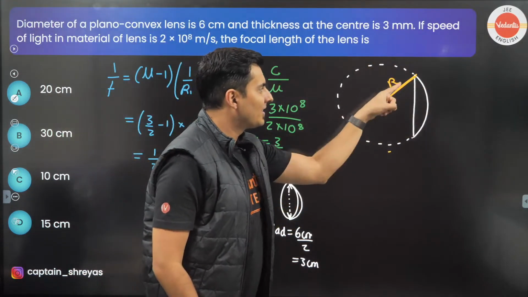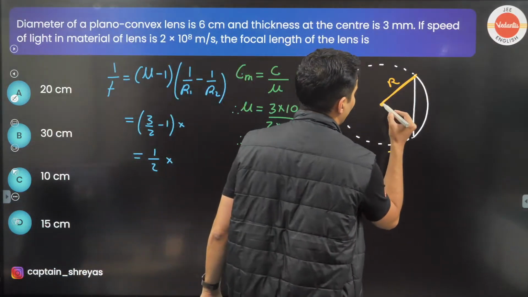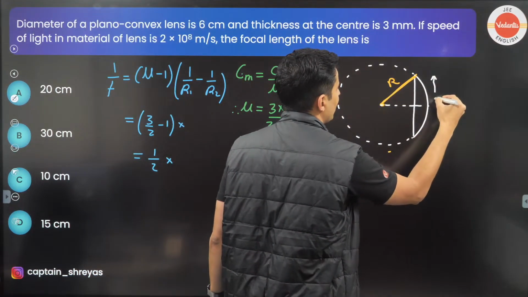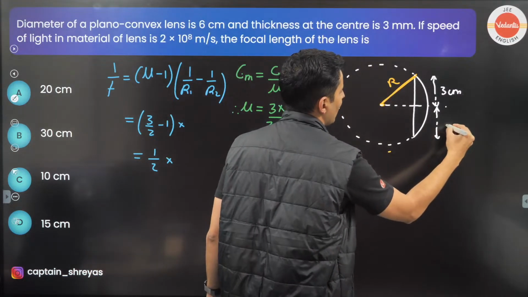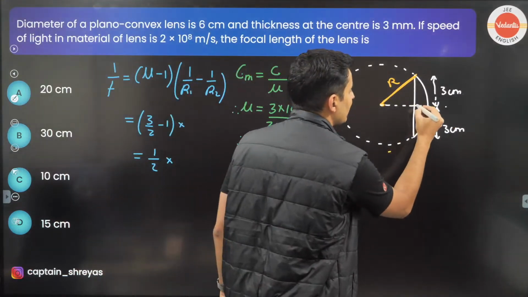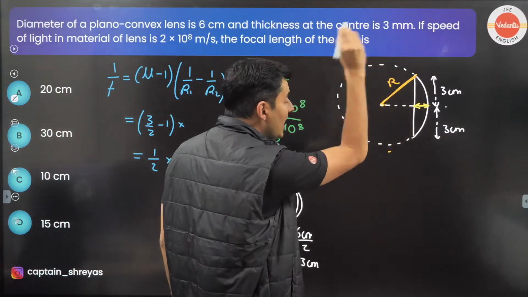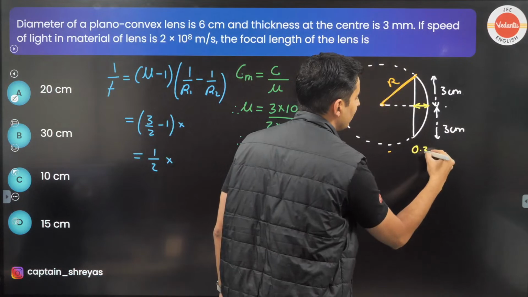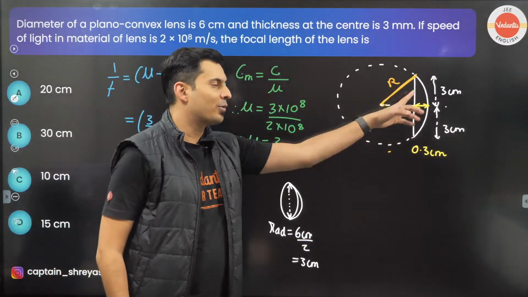So now you can see this is the radius, and I know that over here, if I draw this horizontal line, this much is basically 3 centimeters. This much is basically again 3 centimeters. And what is also given to you is this length. This length is 3 millimeters. The thickness at the center is 3 millimeters or 0.3 centimeters. Now, how do I find R from this?